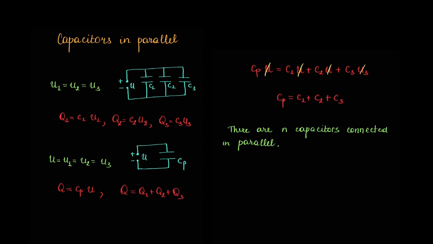Then the total capacitance Cp is the sum of the individual capacitances of the capacitors, okay? So Cn. So this is the general formula.